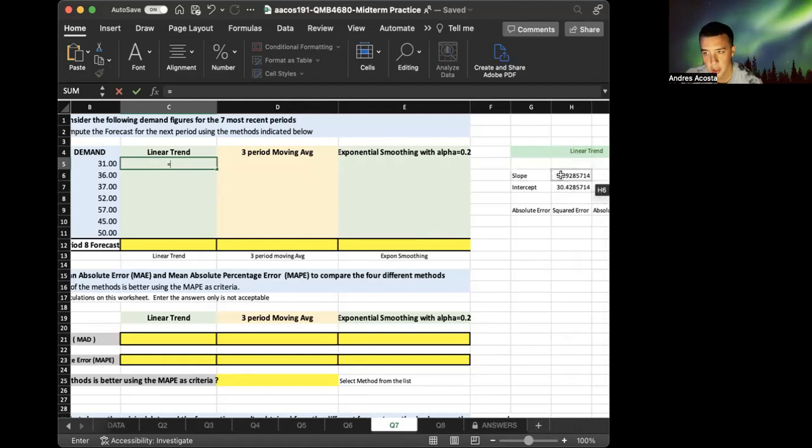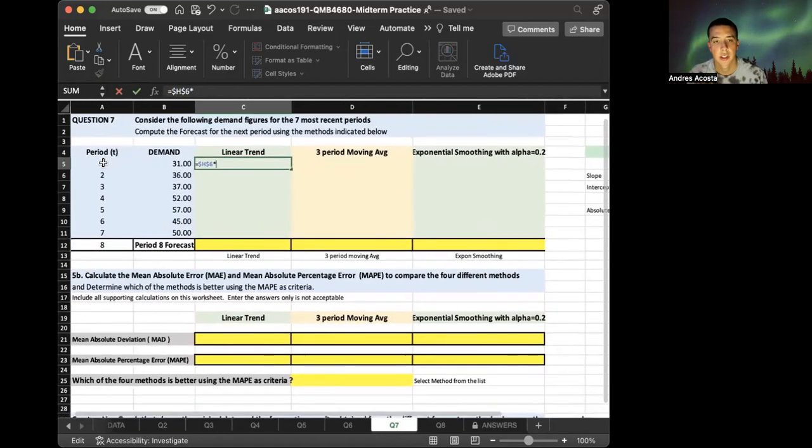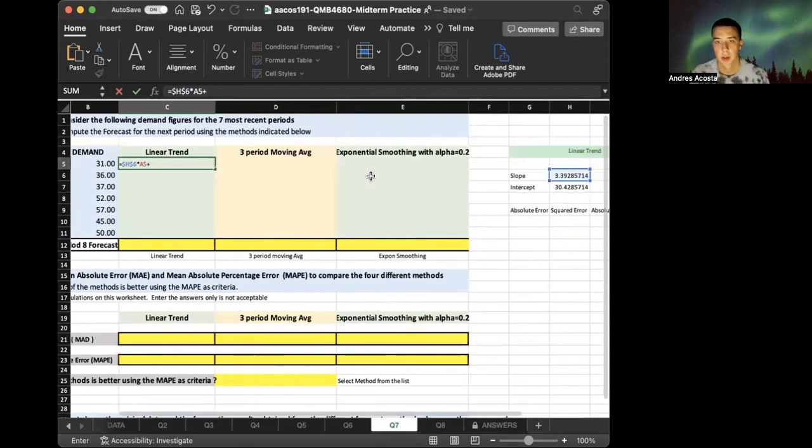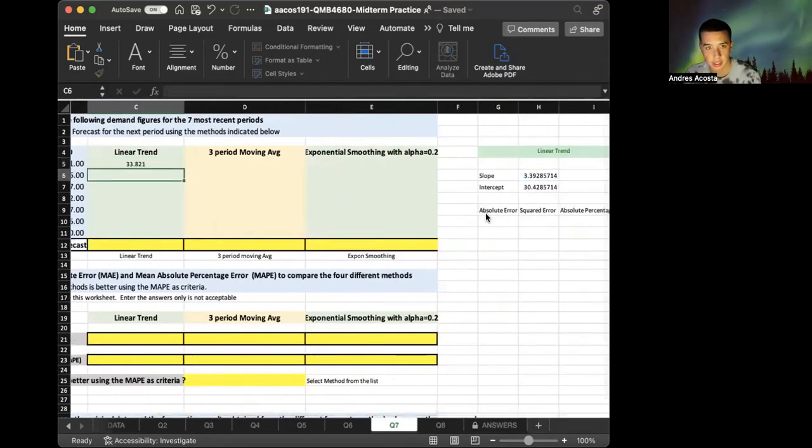Let's make sure we anchor that cell with the dollar signs. So it's the slope times x, which is our independent variable, the 1 period of time. I'm guessing it's 1 year or 1 month, I'm not sure. So y equals m times x plus b. B is our intercept. Plus the intercept right here, click enter.